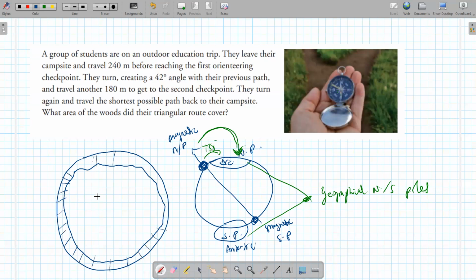Inside the crust, we have the mantle. This is what the crust lies on. Inside the mantle, we have the core. The core is made up of two different things: the inner core and the outer core.